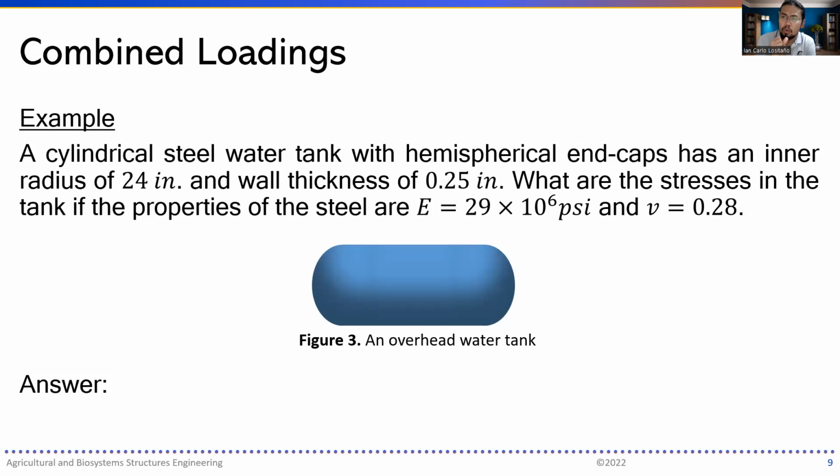This is a thin-wall pressure vessel because you have the relationship between the wall thickness and the radius of the tank qualifying it as one. And so you have the stresses already determined, computed accordingly. The circumferential or hoop stress is 12 ksi, and the longitudinal stress is 6 kilopounds per square inch, or ksi.